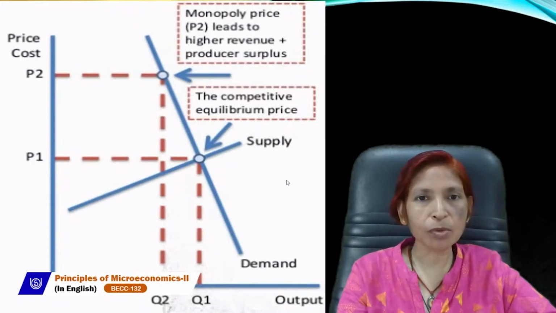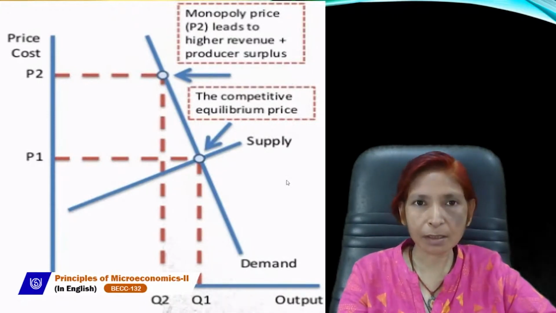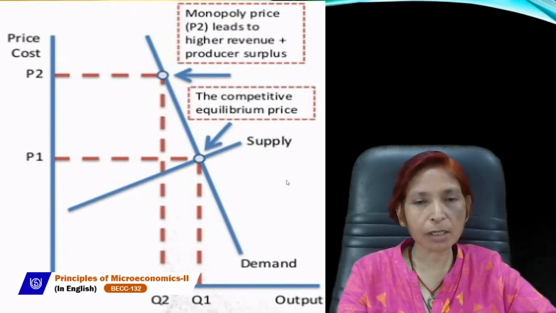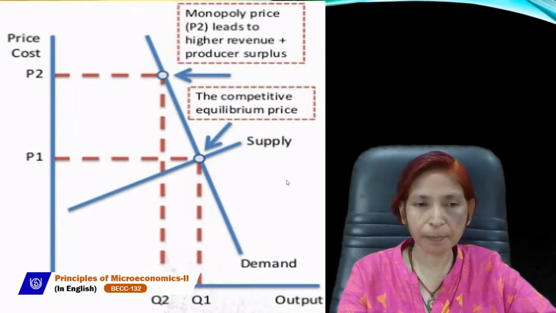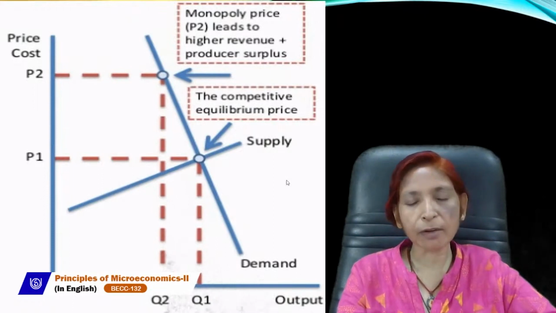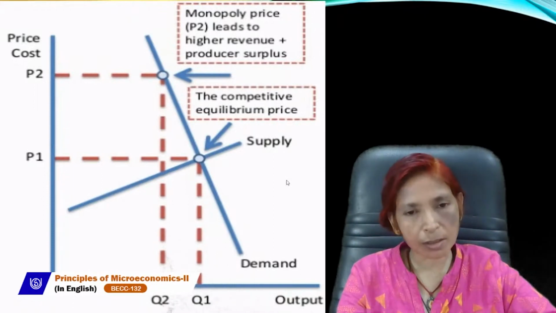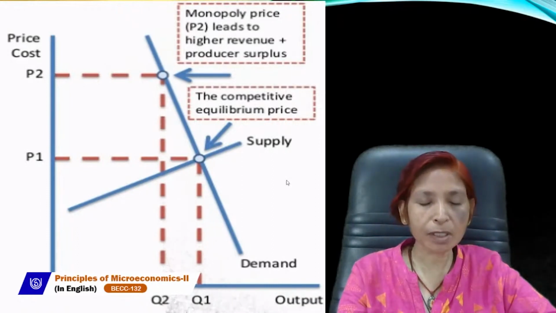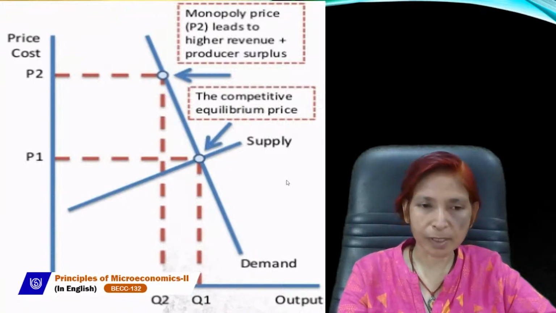In this case, the producer will earn surplus. Monopoly price P2 leads to higher revenue plus producer surplus, but the competitive equilibrium price remains always lower than the monopoly price. So a perfectly competitive firm is called a successful market in which the equilibrium price is always taken over by these firms.